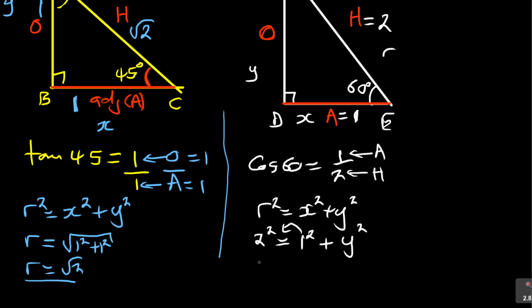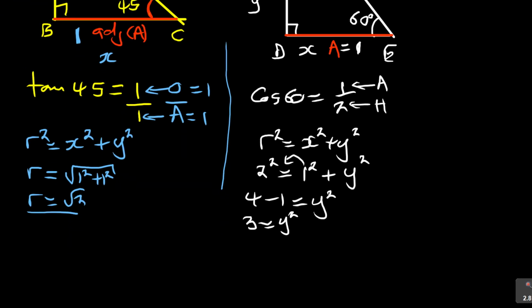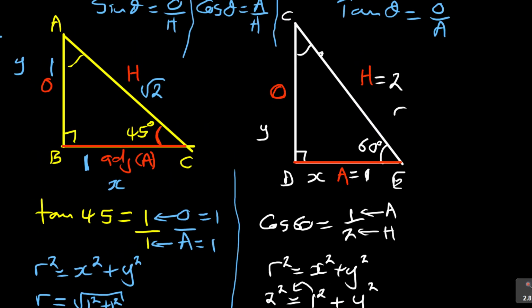So you take 1 to the other side. 2 squared is 4 minus 1 is equal to Y squared, which is 3 is equal to Y squared. You see that? So if 3 is equal to Y squared, how to get Y? You square root both sides. You don't have to say plus or minus in this case. So square root of 3 is equal to Y. So I come here and say Y is equal to square root of 3. You see that? That's how you come up with these special triangles.